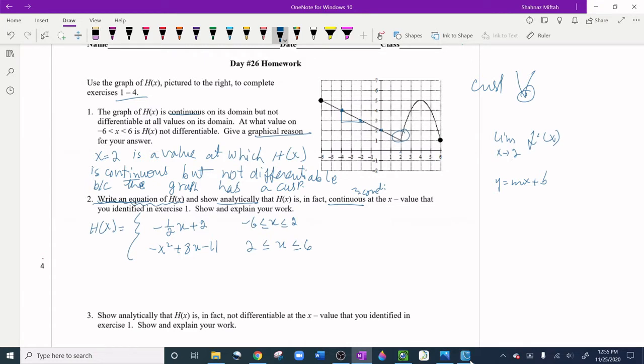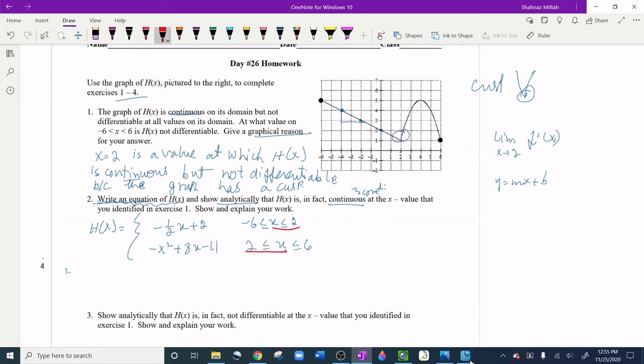Now they said figure out that it is in fact continuous at the x values, and I also have to show the work analytically. So continuity means 3 conditions. The first condition, and they are talking about at x equal 2. So I only have to give them this portion and this portion. So h(2) is defined, and the value is 1.